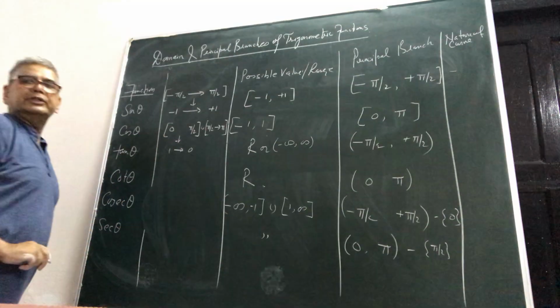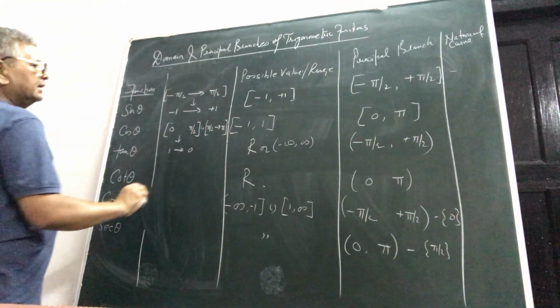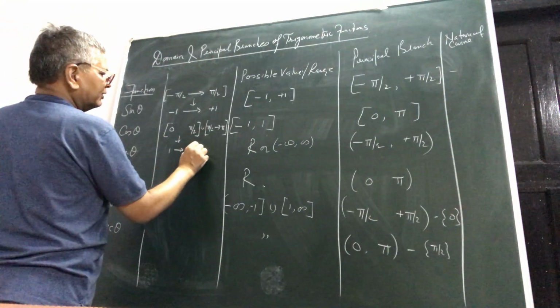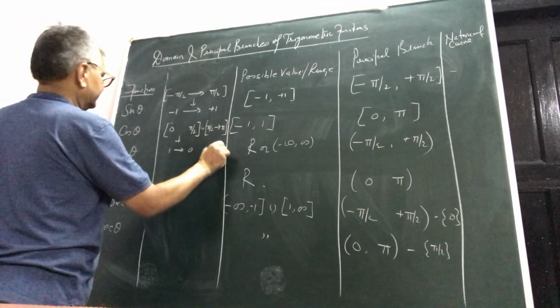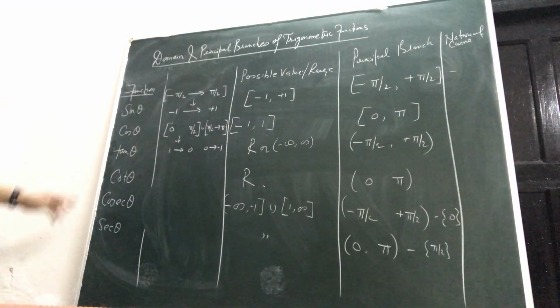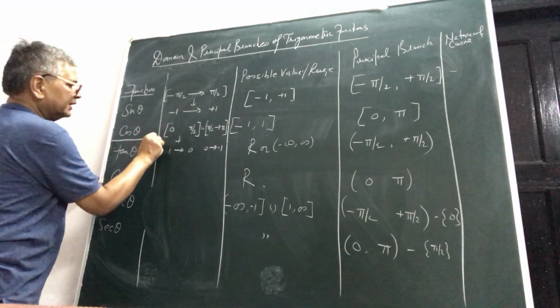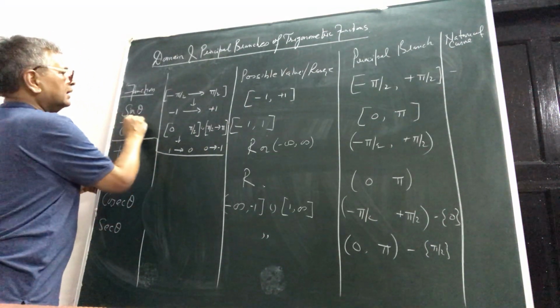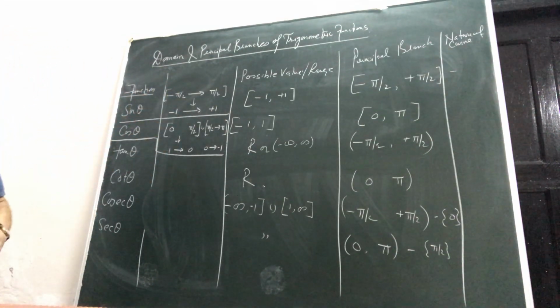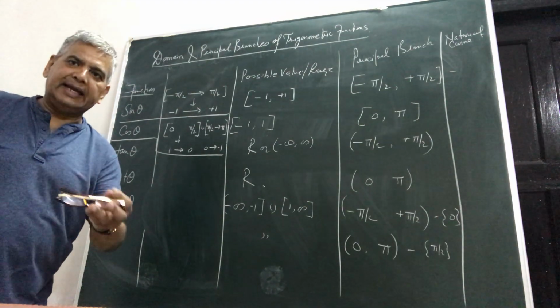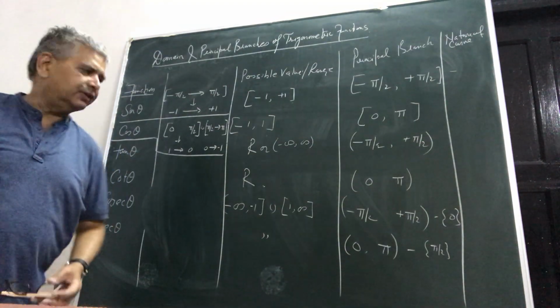And as you go from pi by 2 to pi, it goes from 0 to minus 1. This is for cos theta, and this is for sin theta. The nature of the curve will help you a lot in understanding the properties of the inverse functions.